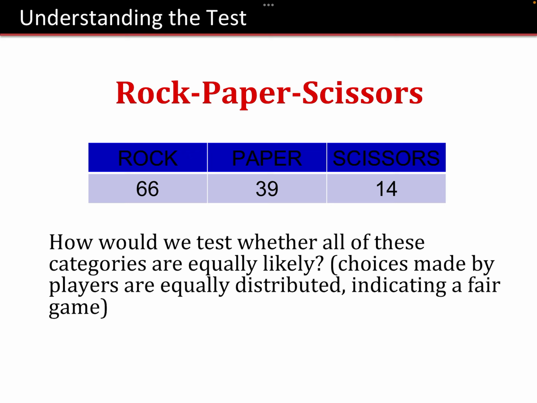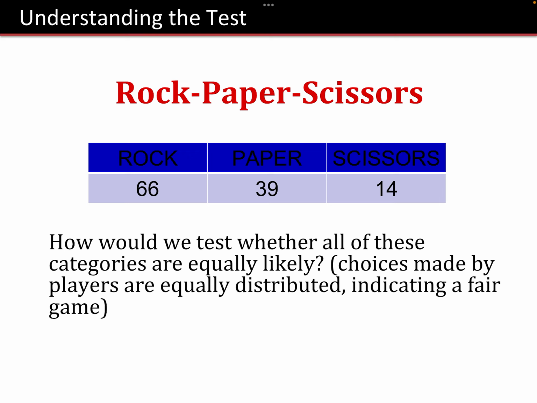We are trying to test whether all these categories are equally likely. Would it mean that this is a fair game, that the choices made by the players are equally distributed? That's what we're trying to find out in this particular set of data that's been given to us.